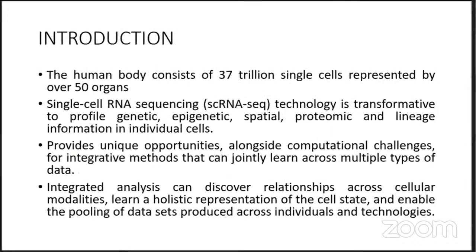So the human body consists of 37 trillion single cells represented by over 50 organs, which are stitched together to make us who we are. Yet we still have very little understanding about the basic unit of our body: what cell types and states make up our organs, both compositionally and spatially.